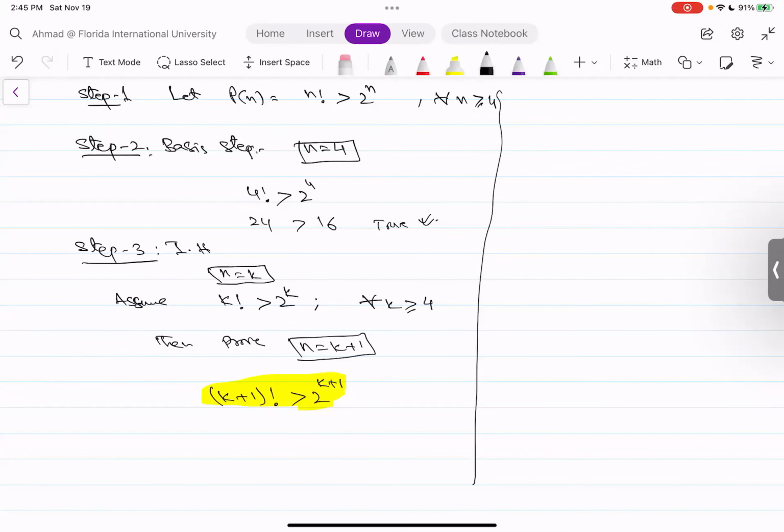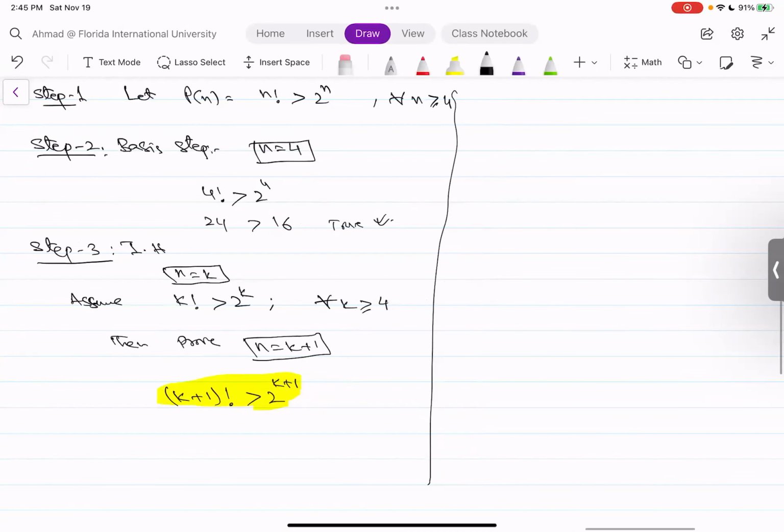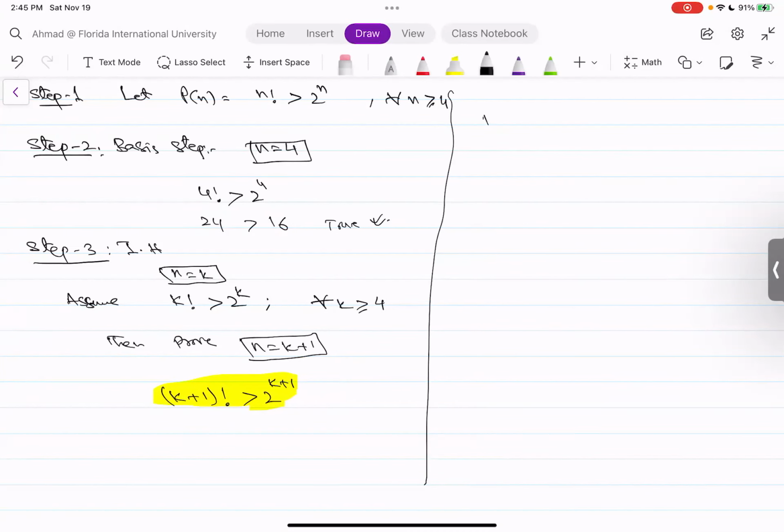Now, how can I do that? By assumption, in my inductive hypothesis, it is true that k factorial is greater than 2 to the power of k. And my goal is to reach 2 to the power of k plus 1.